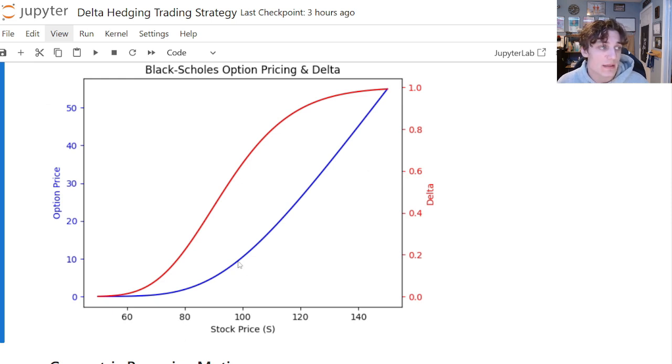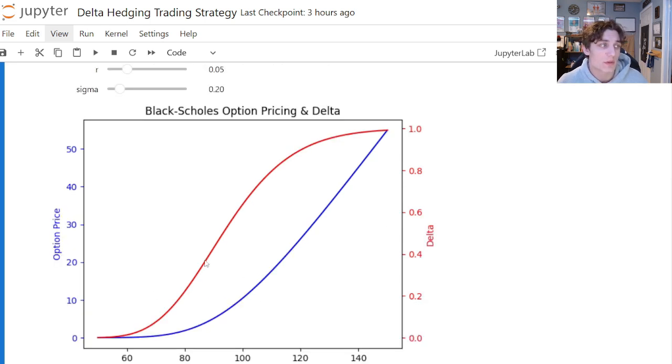What this means is if the underlying asset price was to move from 100 to 101, we would expect an option price change of 0.6. In other words, we would expect the option price to increase by approximately 0.6. Moreover, the other interpretation is that the option has roughly a 60% chance of expiring in the money.